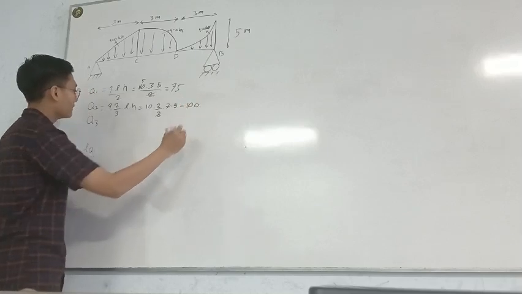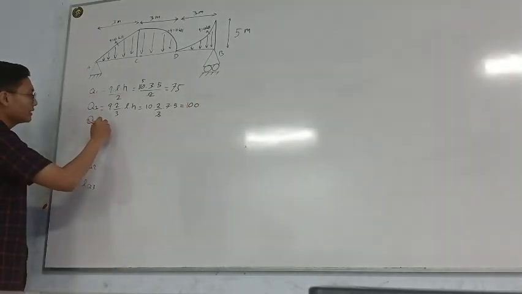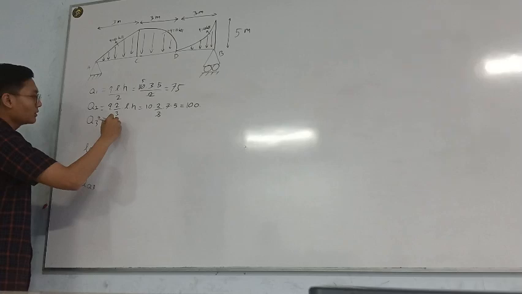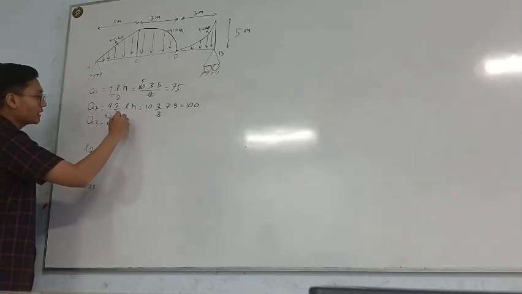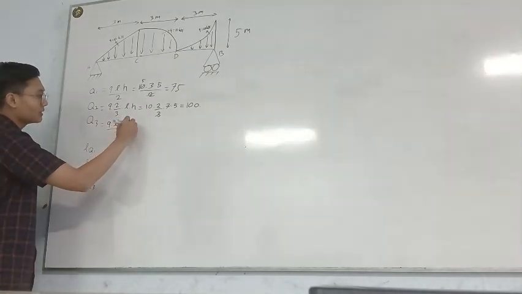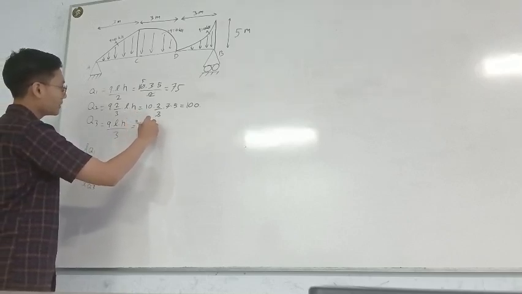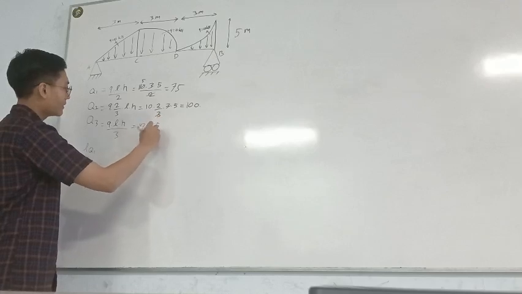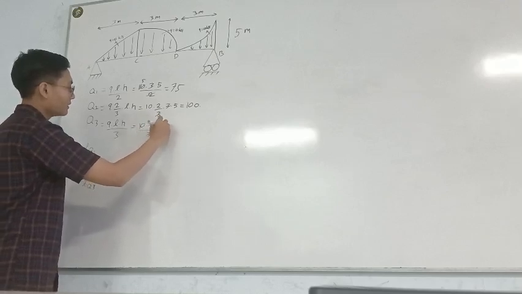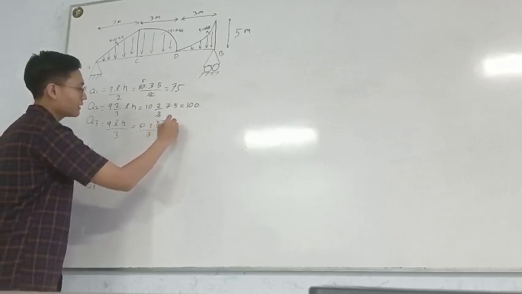And Q3 is Q times L times H per 3, so 10 times 3 times 5 per 3. It's 50.